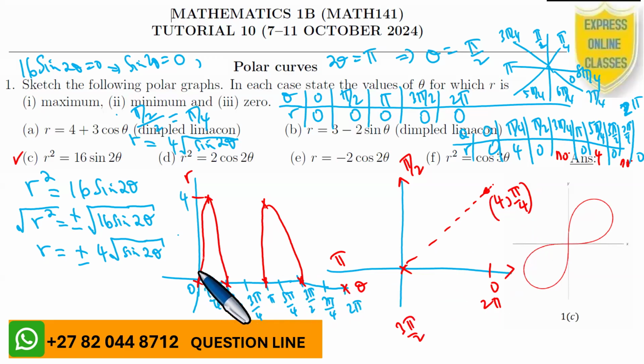We're seeing that from 0 to pi over 4, the radius is increasing steadily. So from 0, the radius increases to pi over 4. When it reaches pi over 4, it starts decreasing as we move towards pi over 2.